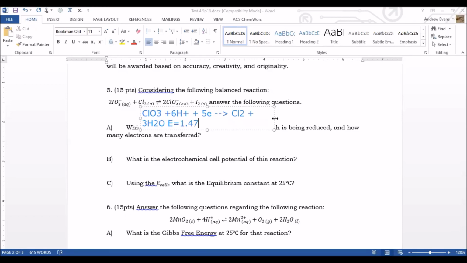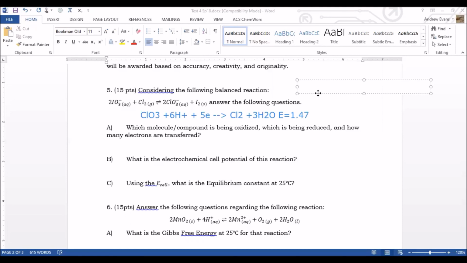So this is one of the half cells I used incorrectly because there was a typo in the book. Things happen. This is the half cell for iodine that's in the book. 5 electrons plus 3 each.